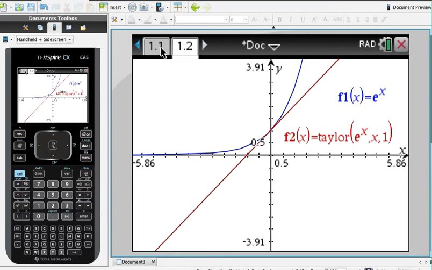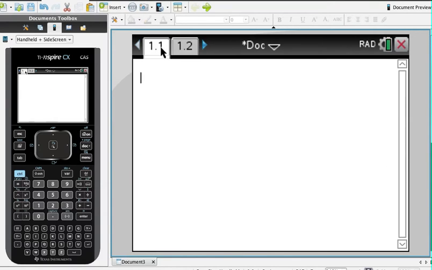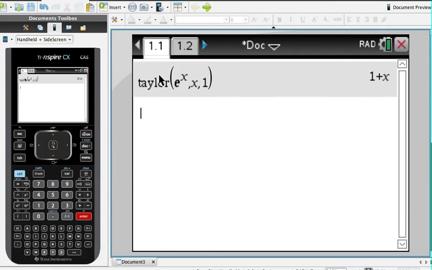Let's go to a different screen. And if I type in Taylor, exponential function, x comma 1, I do get the function 1 plus x, the tangent line of the e to the x function at x equals 0.